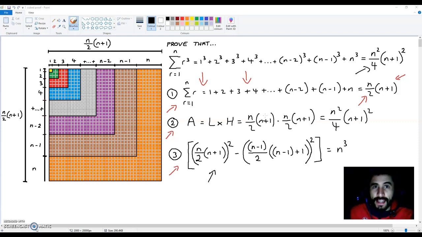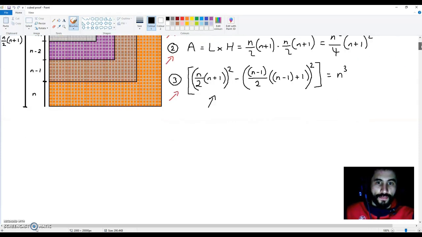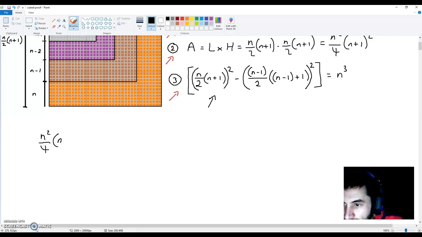So we're going to write that down. The big square has an area of n squared over 4 multiplied by n plus 1 squared.